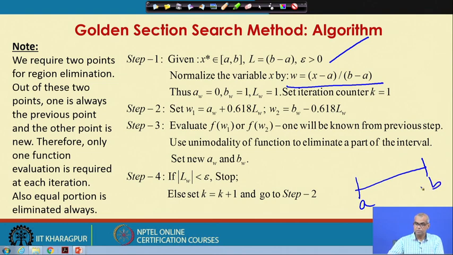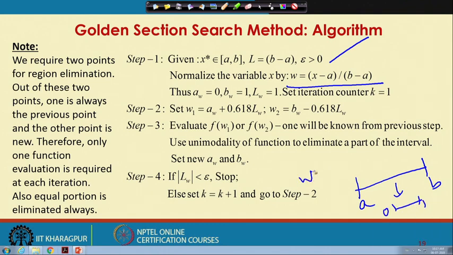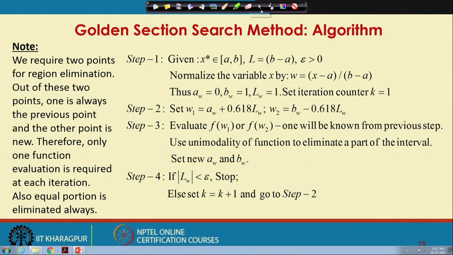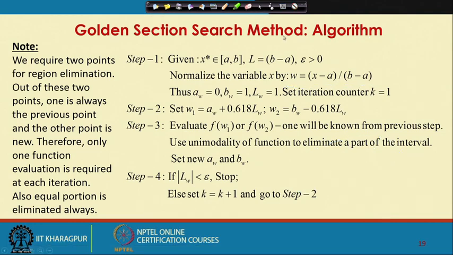So, the interval from a to b can be scaled to 0, 1 by defining w equal to (x minus a) divided by (b minus a). We will set a_w equal to 0, b_w equal to 1 and L_w equal to 1, and set iteration counter k equal to 1.